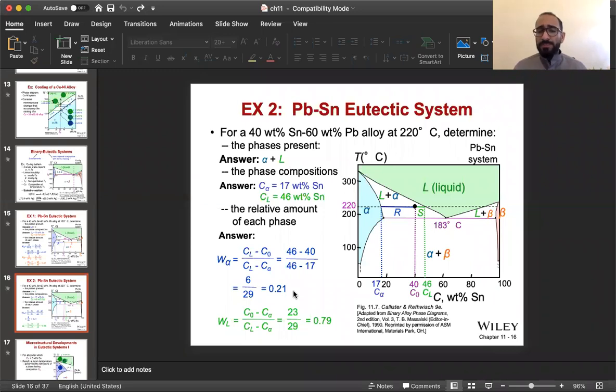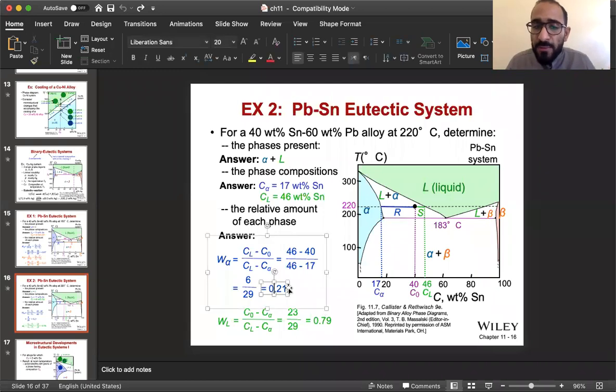By doing so, we can find the weight fraction. Maybe actually you don't need to do this step. Why? Because we know that the total fraction, if you have two phases or 3 phases or 10 phases, has to equal 1, right? So in this case, we have two phases.